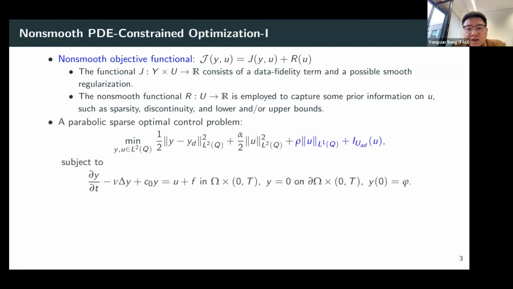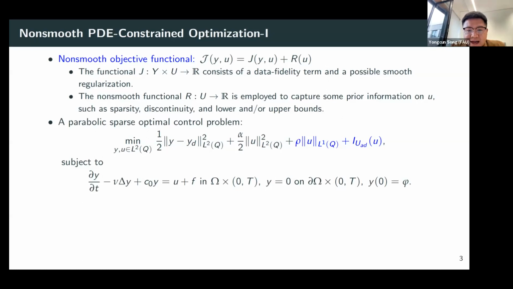And here we focus on a specific example to make our statements clearer. Here we consider a parabolic sparse optimal control problem, with such an objective functional. The first one is the data fidelity term. That means we would like the state variable y to be as close to y_d as possible.